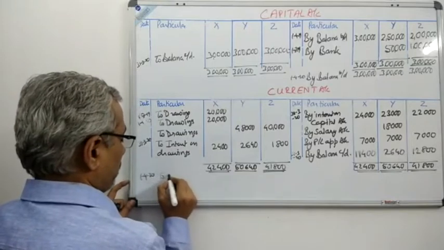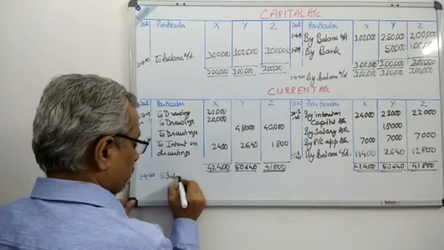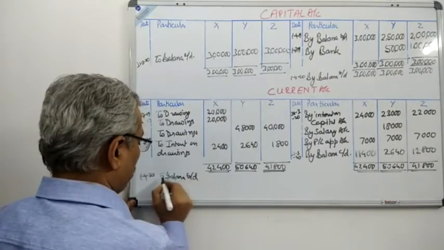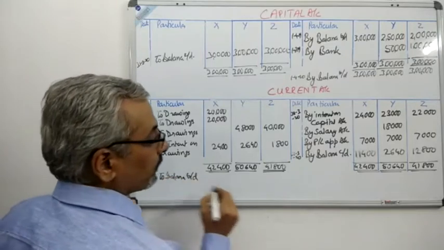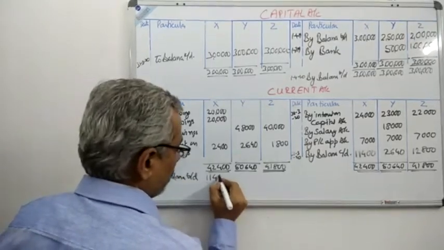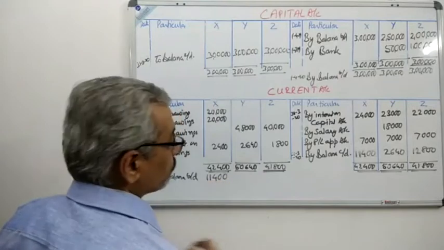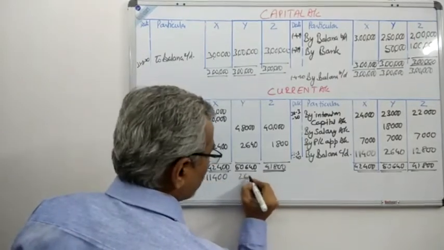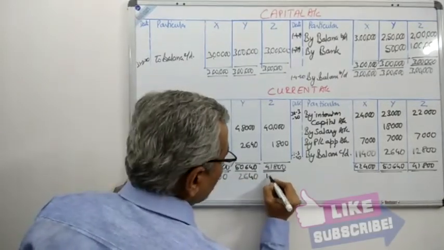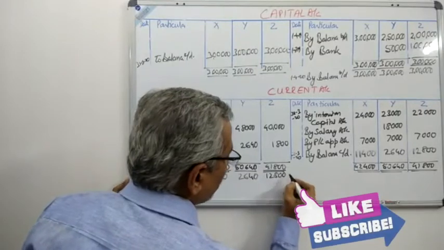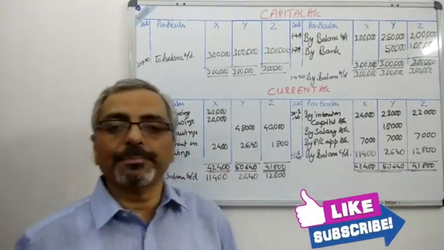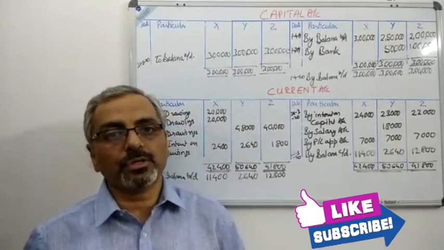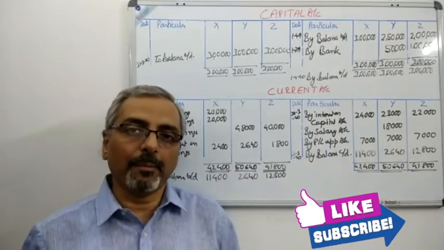We'll write over there balance brought down, and write the figures 11,400, 2,640 and 12,800. I hope you are absolutely clear with the preparation of the current account and the capital account.